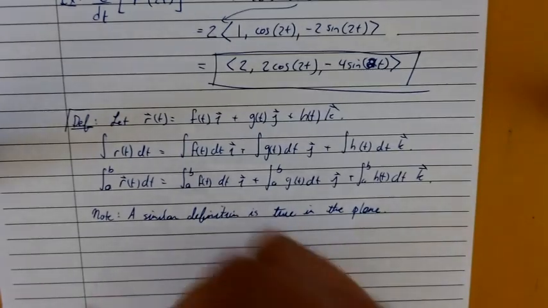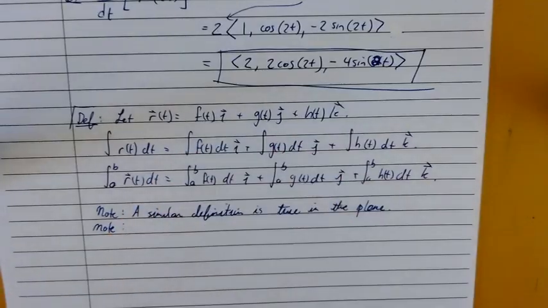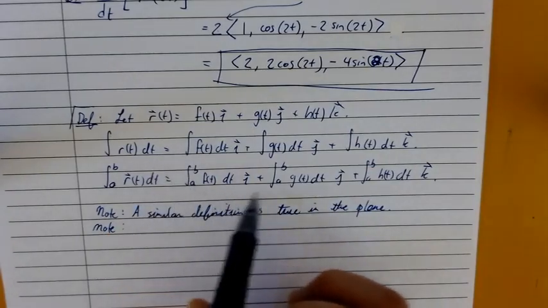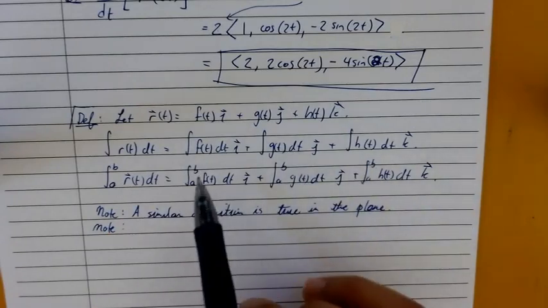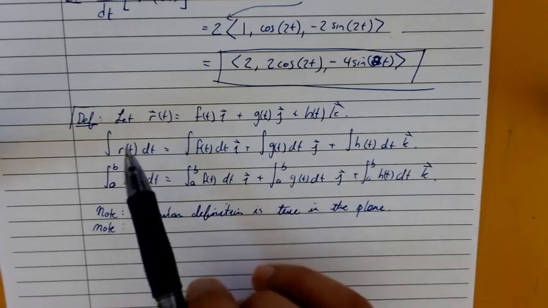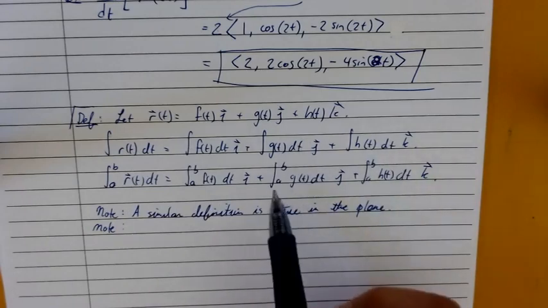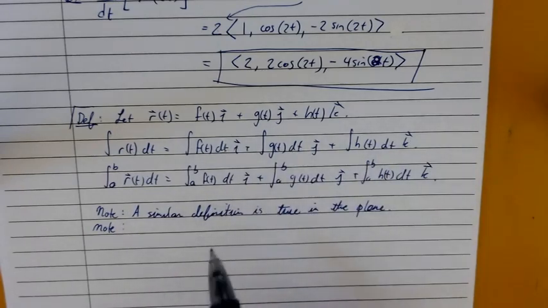Actually, another note. When you take a definite integral, you're going to get a constant, so that'll be something like 2i plus 3j plus 17k. But when you take an indefinite integral, you're going to end up with an antiderivative and a constant of integration. Think back to Cal 1, right? You're plus c, plus c, plus c.